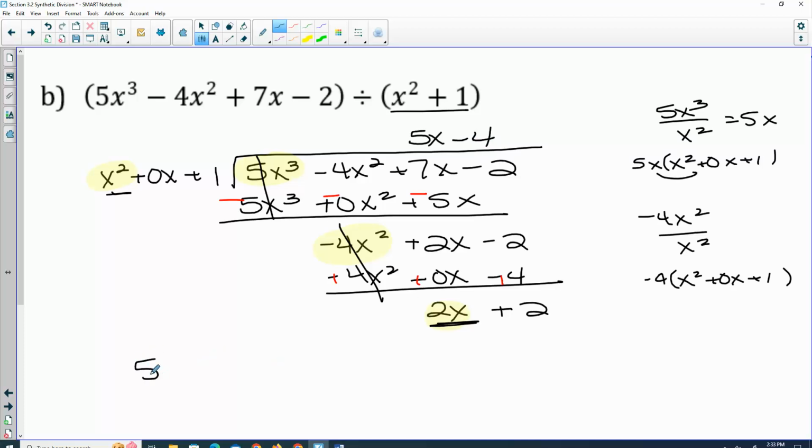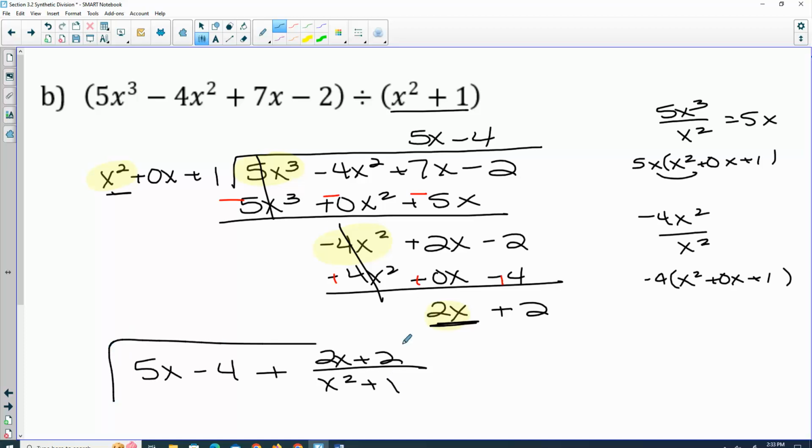So we have 5x minus 4 plus the remainder, 2x plus 2, over what I was dividing by originally. And you don't necessarily have to put that 0x in there. You can write it as x squared plus 1.